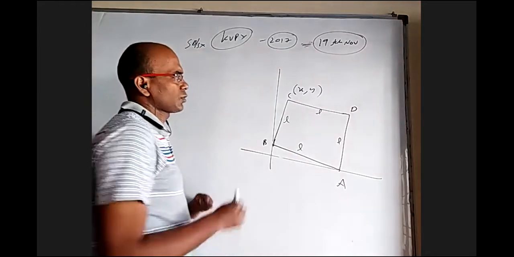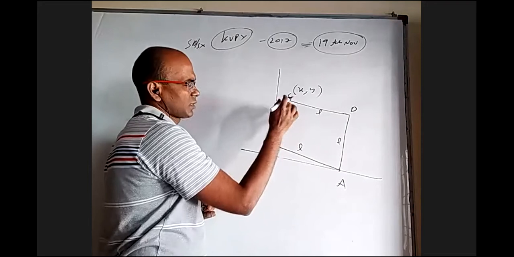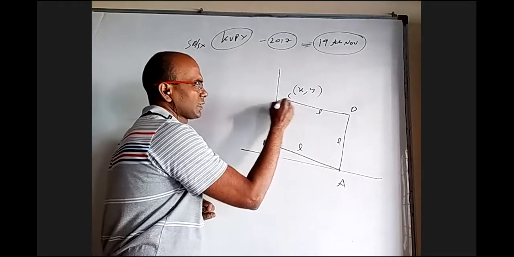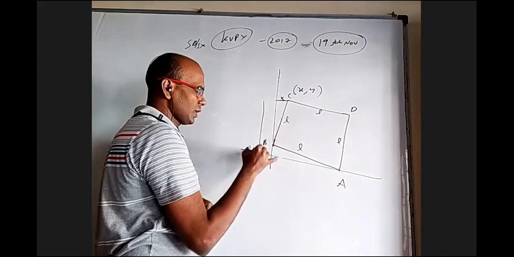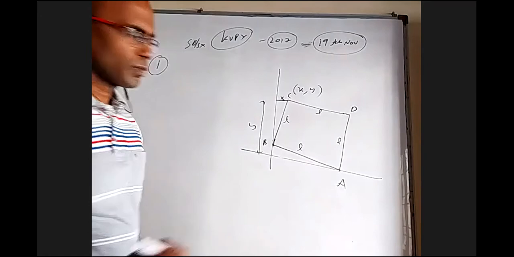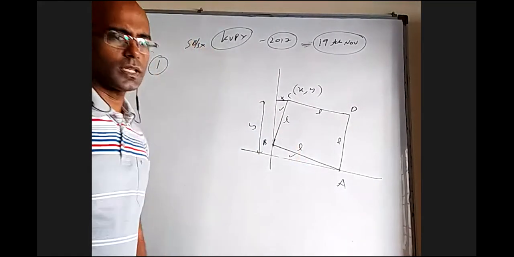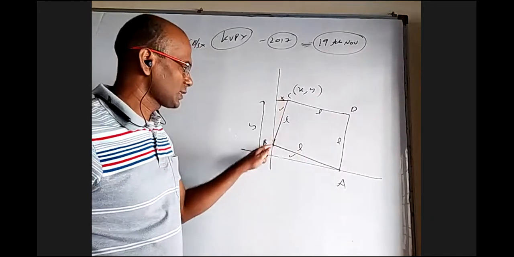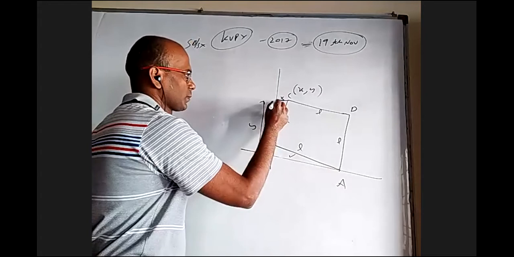Just on the figure, I want to do something. If I draw this horizontal line, this length is the x coordinate, x. This total height is y. Next, these two triangles are congruent. Why are they congruent? This length is L, this is also L. This is 90.